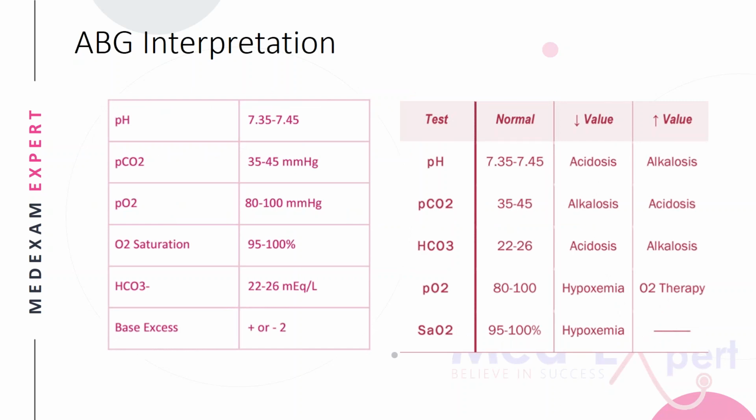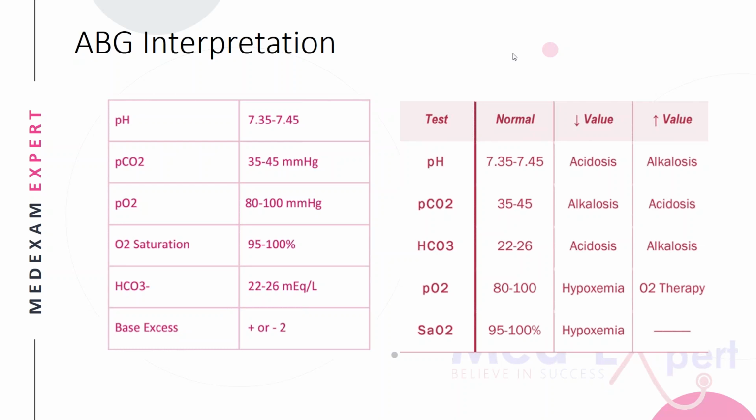These are the only normal values for part 1 MRCG that I recommend you to memorize, together with the semen analysis result. Otherwise, other references will be given to you in the exam. Even the ABG references will be given to you in the exam. But to be on the safe side, we have to memorize the normal levels here because they are simple and of course not difficult to memorize.